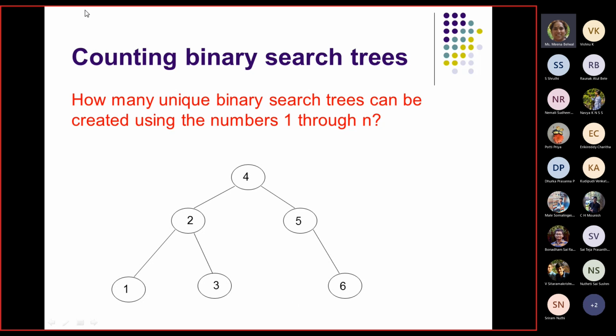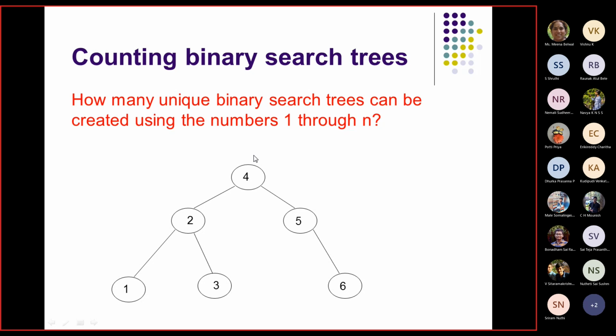So how many unique binary search trees can happen? Suppose 6 numbers are given to me. I can place 1 in the root, then 2 in the root, then 3, 4, 5, and so on.